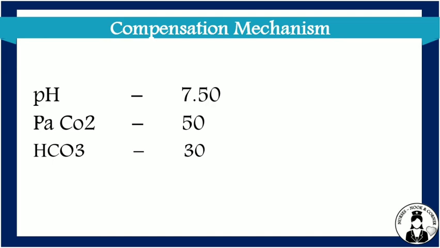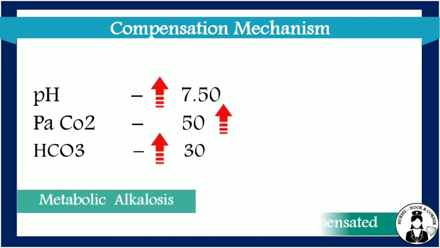So it is not the respiratory condition and hence it is a metabolic condition, as bicarbonate is also increased and pH is also increased. But PaCO2 is also increasing to compensate the excess bicarbonate, but it has not fully achieved its compensation. Hence it is metabolic alkalosis with partial compensation.